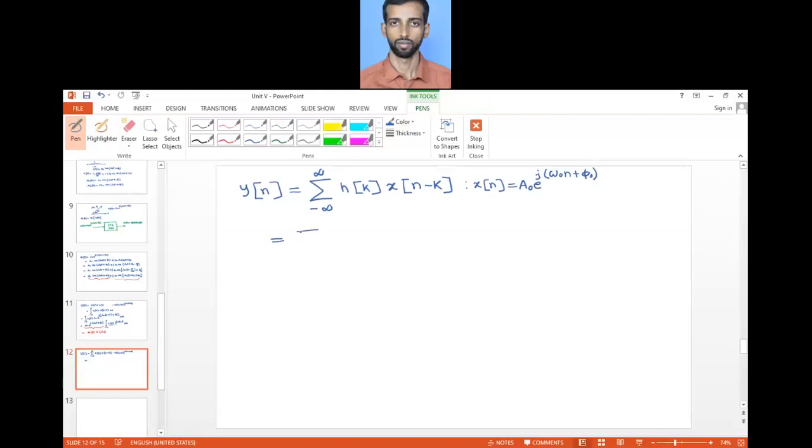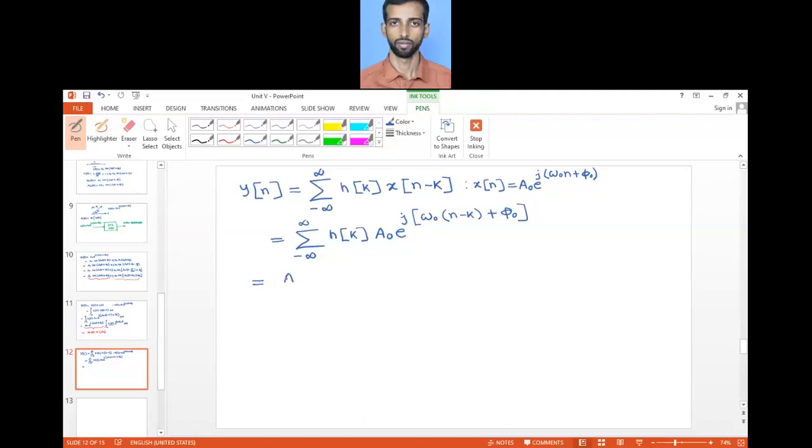So basically this gives rise to the summation from minus to plus infinity of h of k a naught e to the power j omega naught times n minus k plus phi naught. And since this summation is done over k, you can take all the other terms which are not a function of k outside.